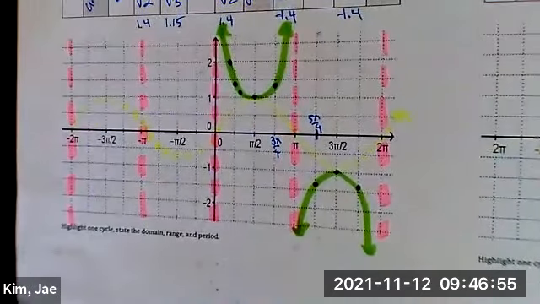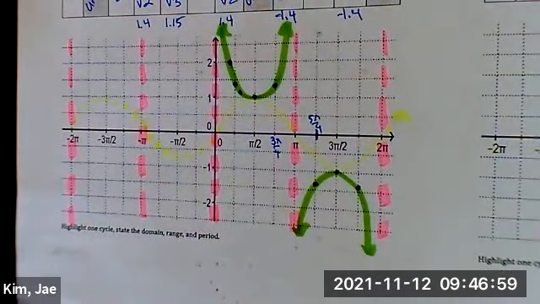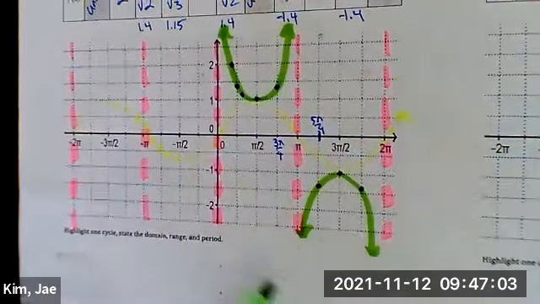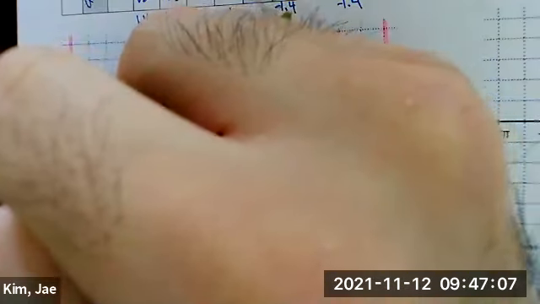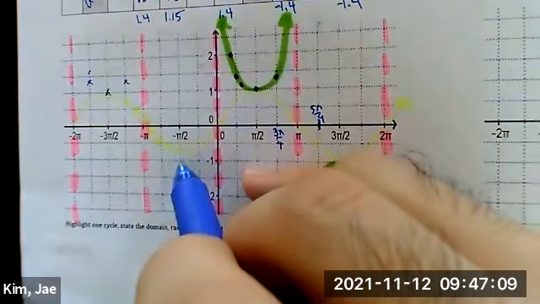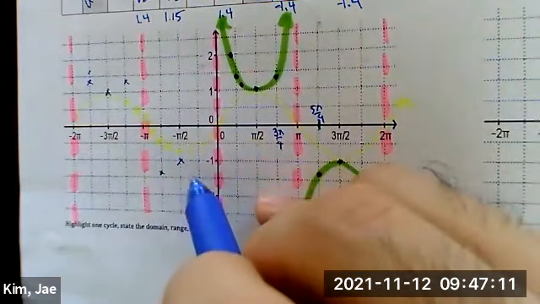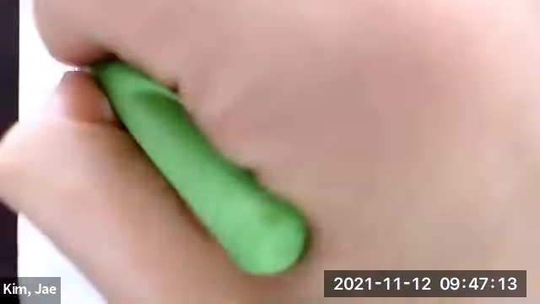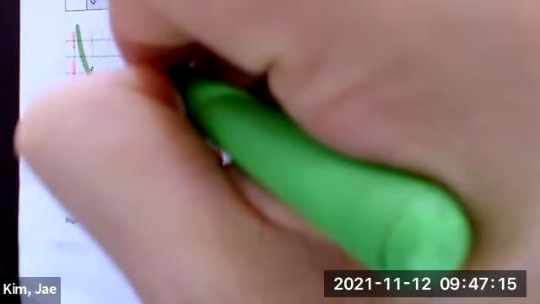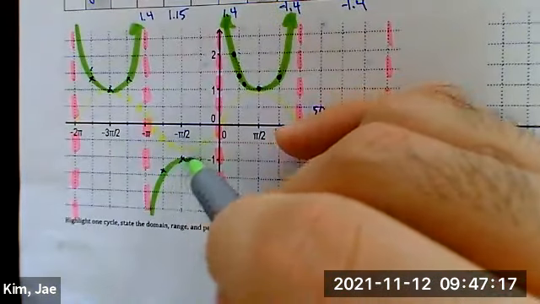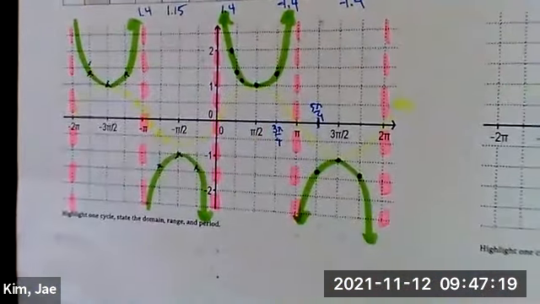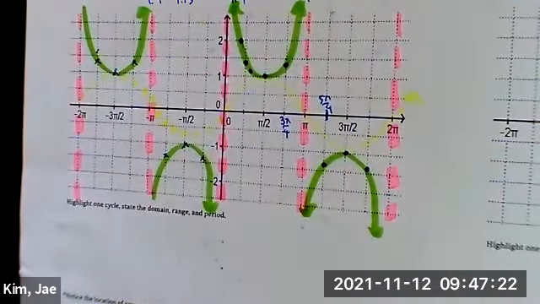So what do you think it's going to look like on the left side of the y-axis? Same thing. So if you have the patience, go for it. I'm going to do x here at 1.4, 1.4. X here, negative 1.4, negative 1.4. There is your cosecant curve.